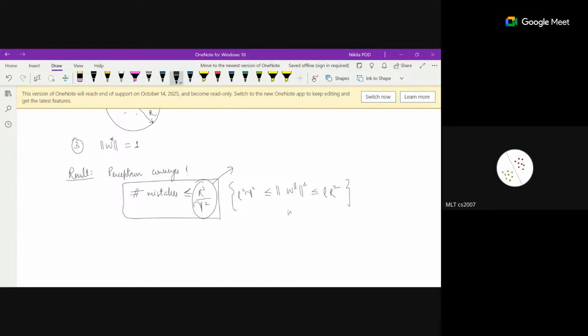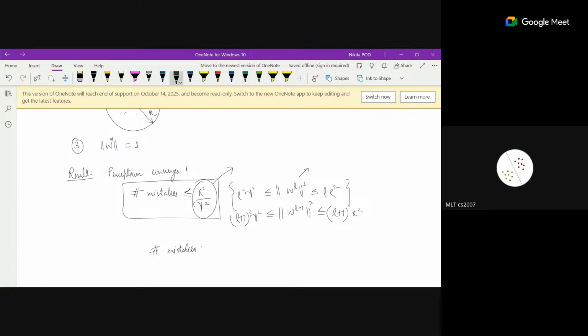Everywhere it is mentioned as L plus 1. So which one is more appropriate? If I'm writing L, it means this is the number of L mistakes my algorithm has made.